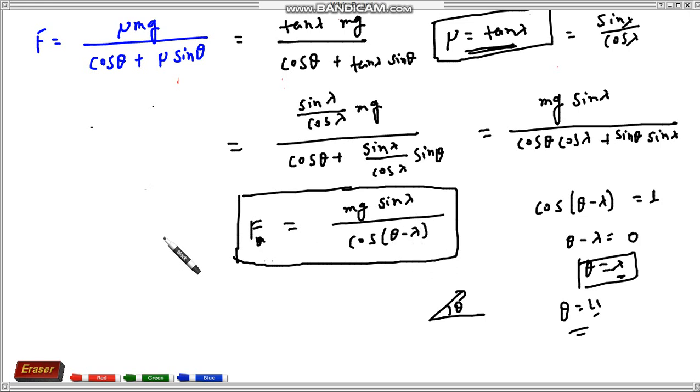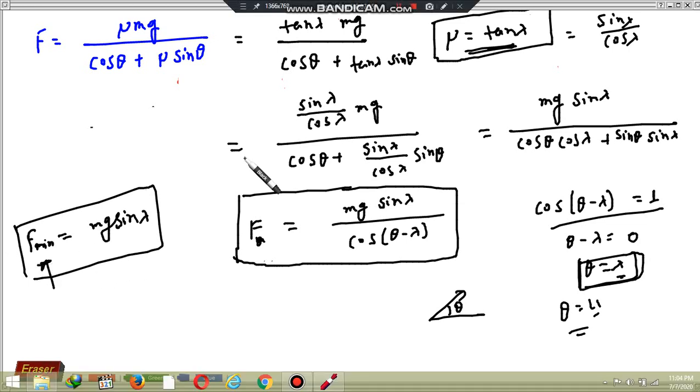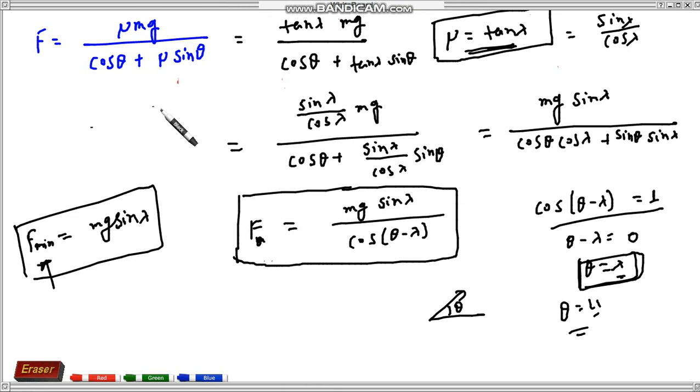So in that condition f minimum will be what? F minimum will be just mg sin lambda, because cos of theta minus lambda is maximum and the maximum value was 1. So the condition is theta is equal to lambda for f to be minimum, and the minimum value of f is nothing but mg sin lambda. Okay, so this is one way of doing this problem.